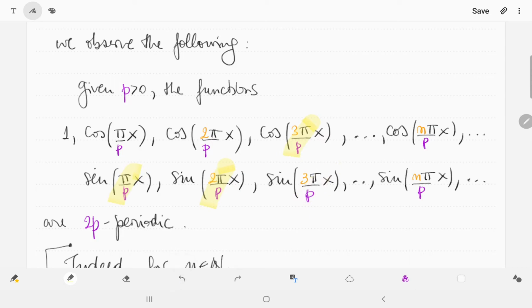All these functions are 2p periodic. You can just compute that by hand. Just look at the definition of being a 2p periodic function and you will get it. Okay, so we have all these functions 2p periodic.